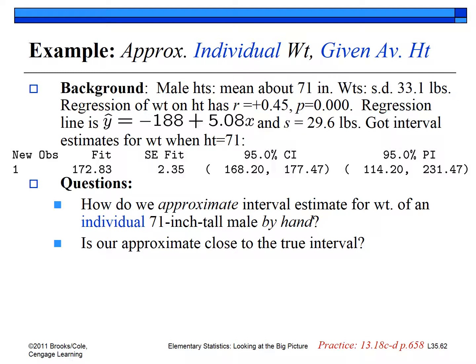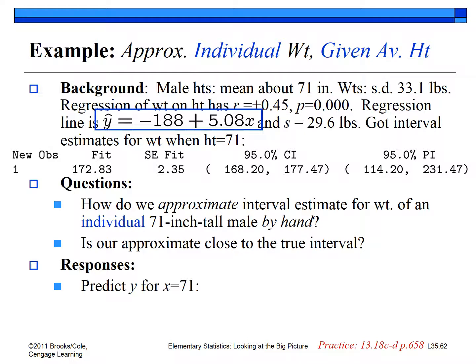Well, first, to get any sort of confidence interval or prediction interval, and here we're looking at a prediction interval, we need to start by figuring out the center of the interval. That's the part that comes before the plus or minus. To find that here, we will plug 71 in for x into our regression equation. That gives us a y hat value of 172.7. That's the number that'll go right in the middle.